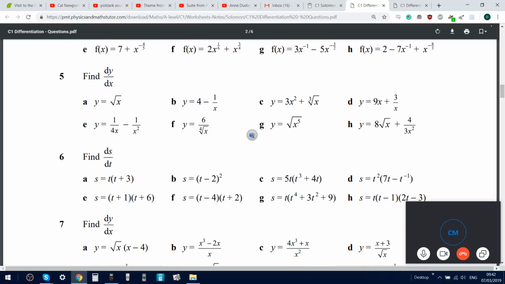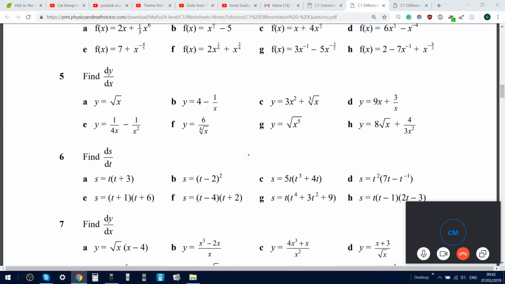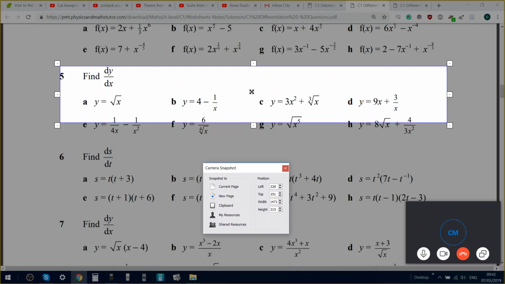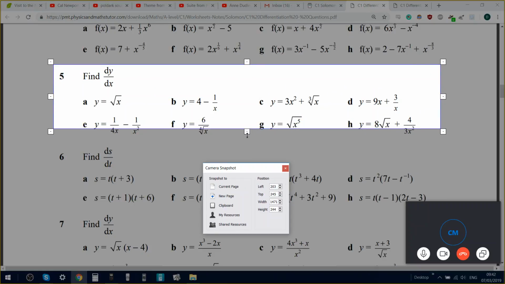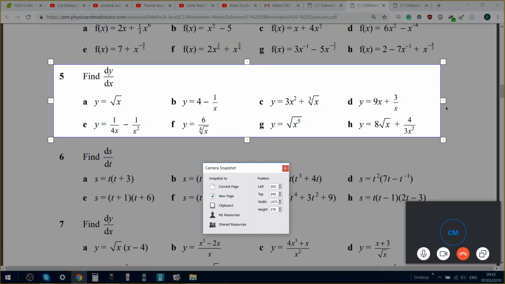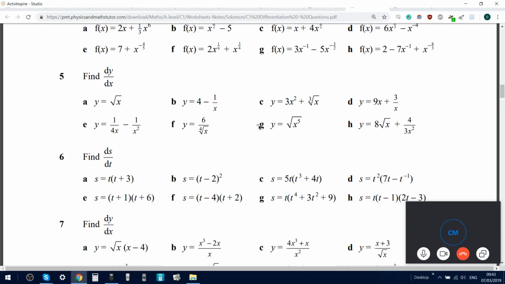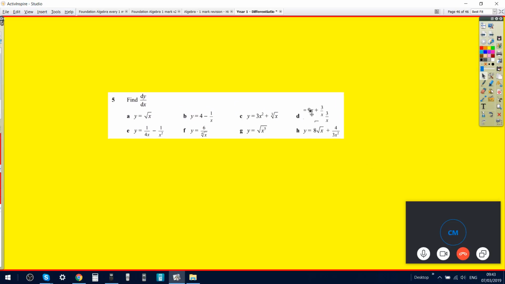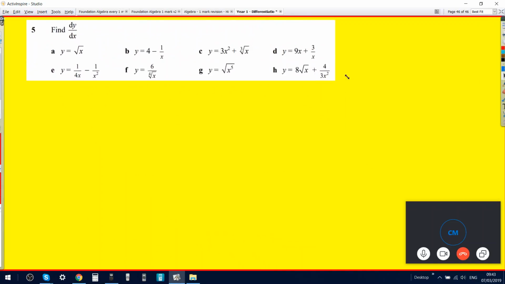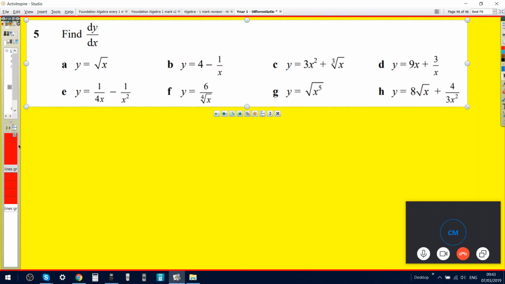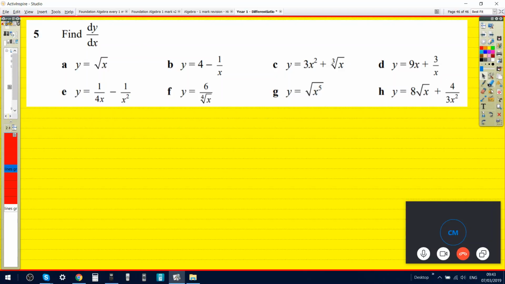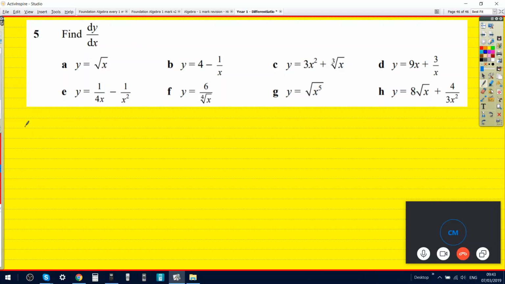Okay, this one, 5a. How do we do this? I don't know how to go about that one. So you have to rewrite these into what's called polynomial form, like index form.